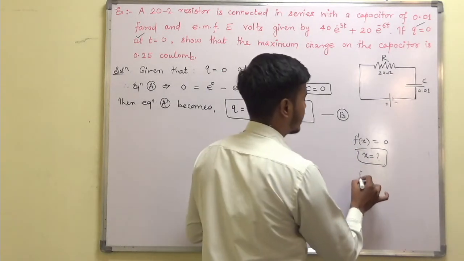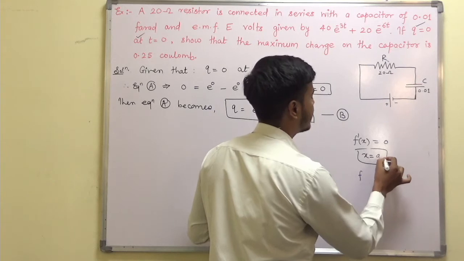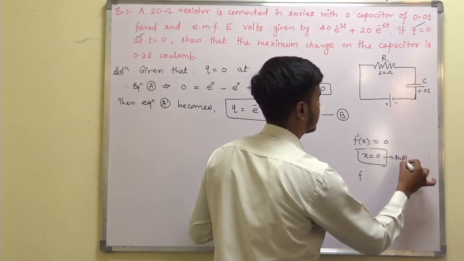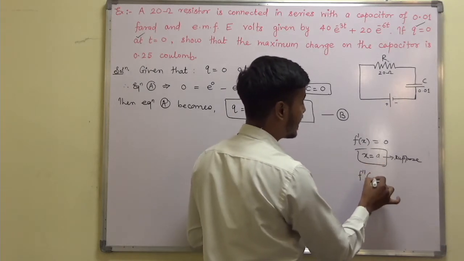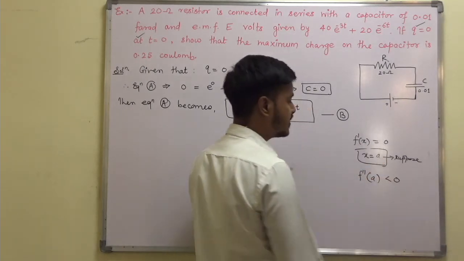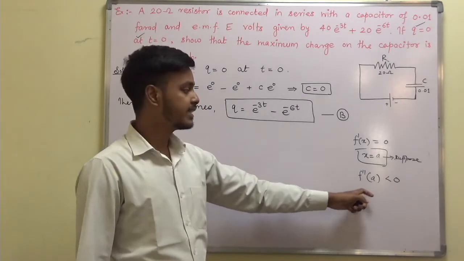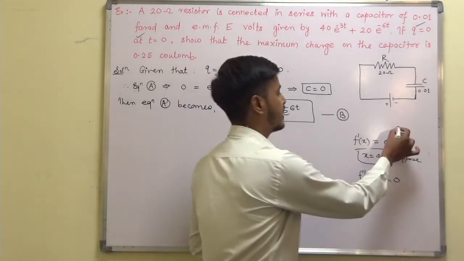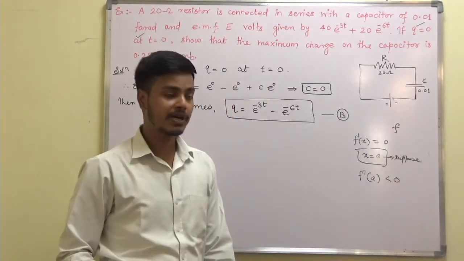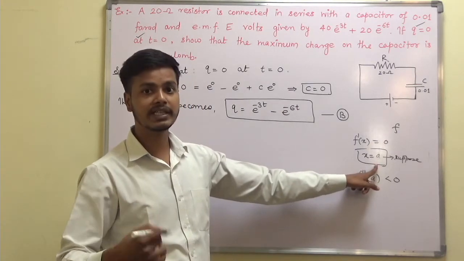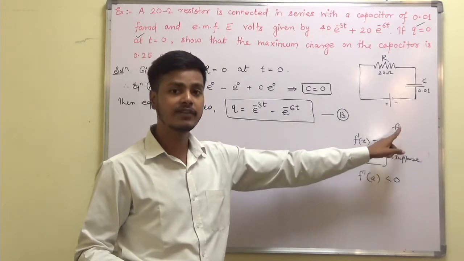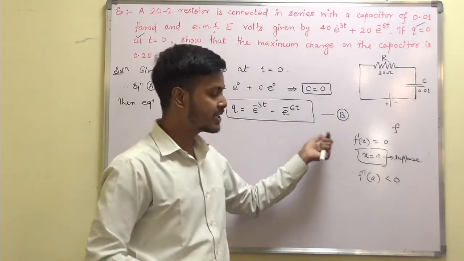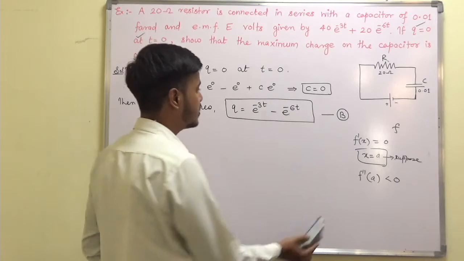Suppose x is equal to a, then we put a in this f double dash, and if it comes out to be negative, then the function f has a maxima at x is equal to a, and to get the maximum value we put x is equal to a in the given function. Okay, here in place of function f we have q.